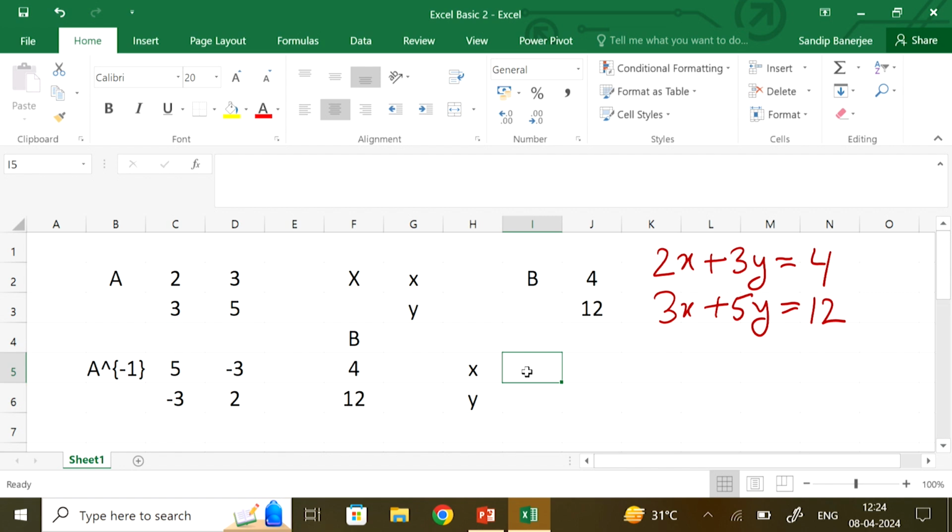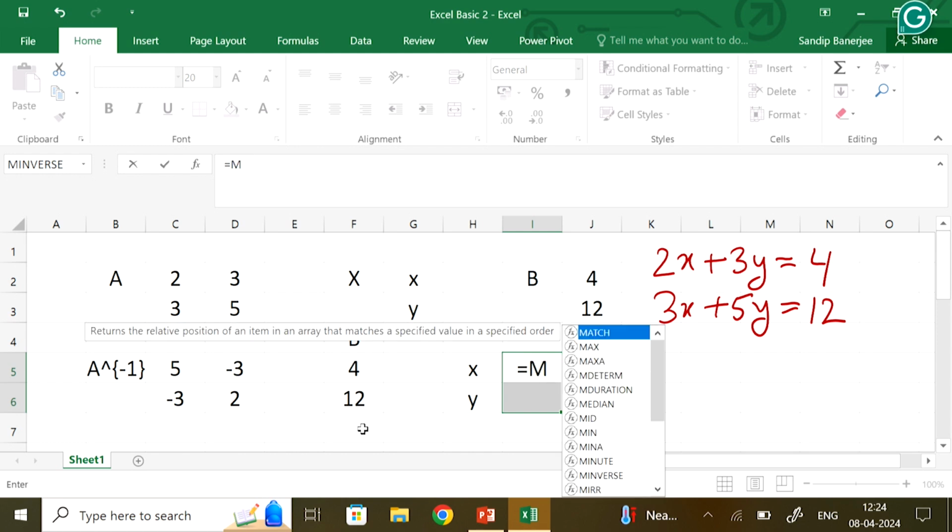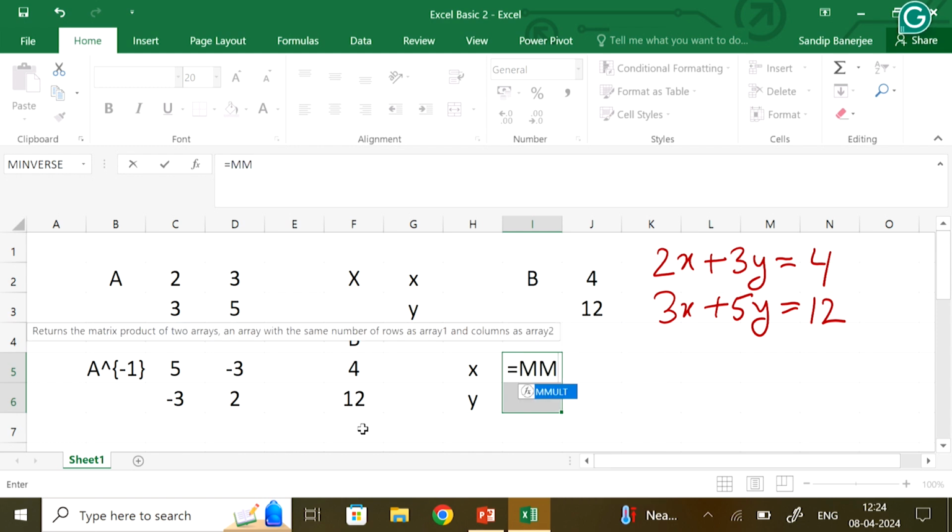So, I have to now do the matrix multiplication. Again, you highlight these 2 cells because your answer will be 2 cross 1. You put an equal to, and then for multiplication, the command is M, meaning matrix. Already it came here, MMULT. If you double click that, it will come, matrix multiplication.